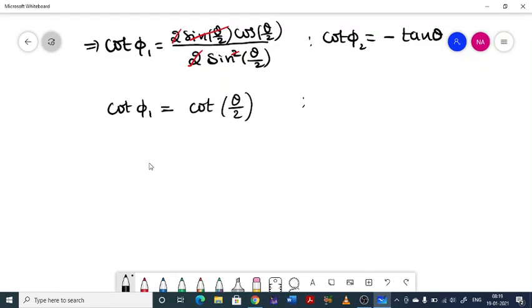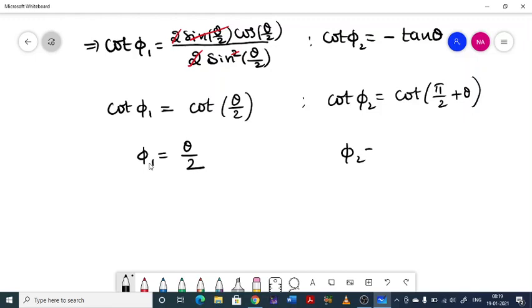And this side minus tan theta can be written as cot of pi by 2 plus theta, so cot phi 2 equal to cot of pi by 2 plus theta. Now we got phi 1 equal to theta by 2 and phi 2 equal to pi by 2 plus theta.